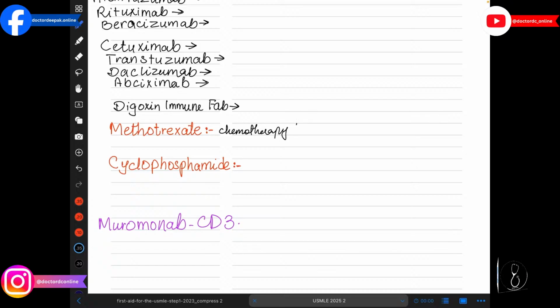It mimics folic acid and inhibits dihydrofolate reductase.